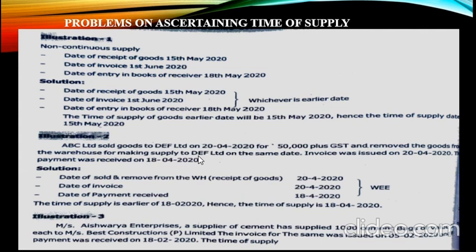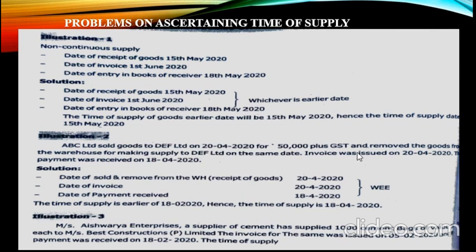The payment was received on 18th April 2020. First, we need to write the date of sale or removal from the warehouse. So the goods were removed from the warehouse on 20th April for 50,000 plus GST, for making supply.